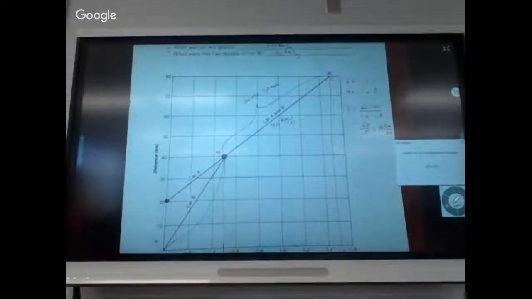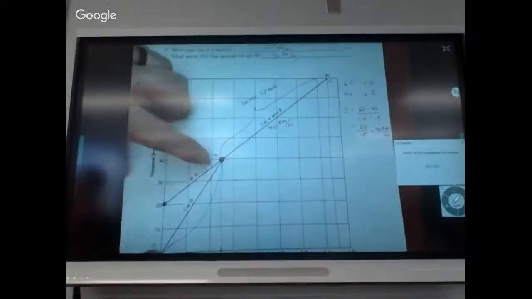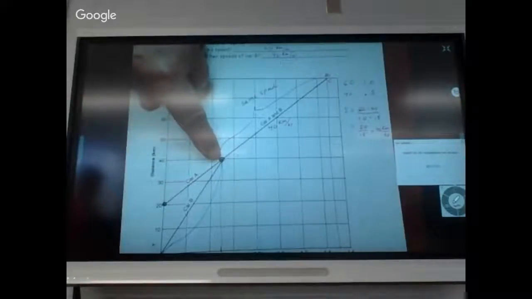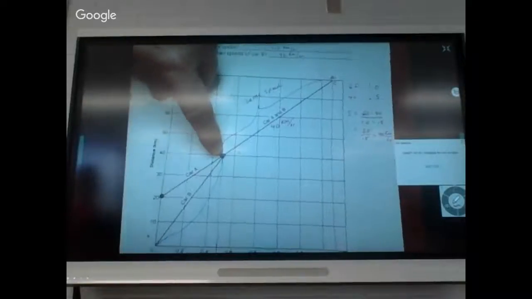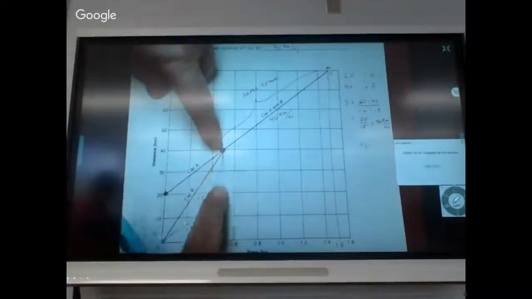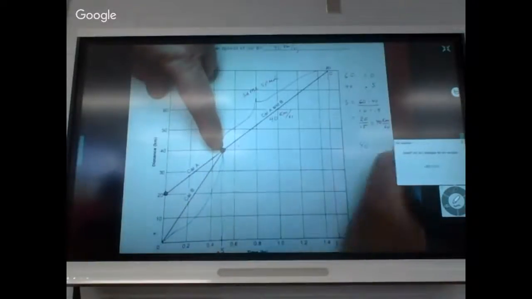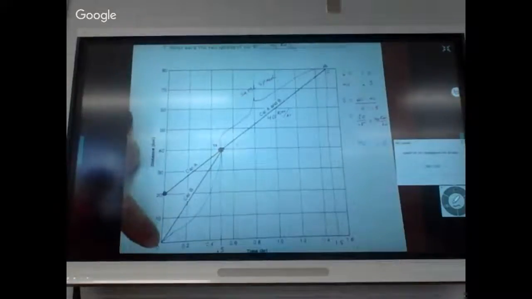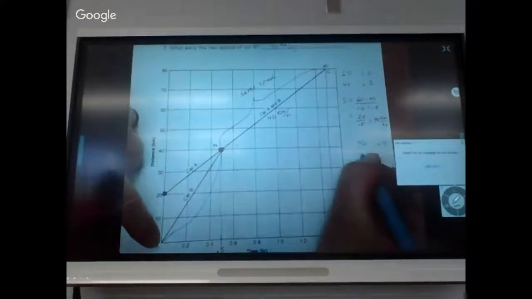Can you give me 2 points that would be good for this piece of the line? Well, what's this point right here? What's that distance? 40. And what's its time? 0.5. How about this point? And what's its time?